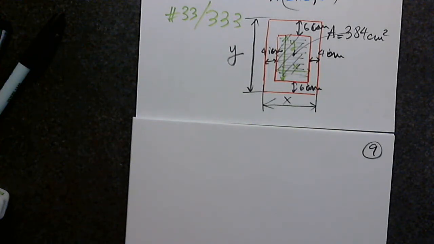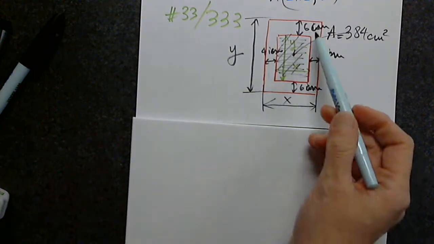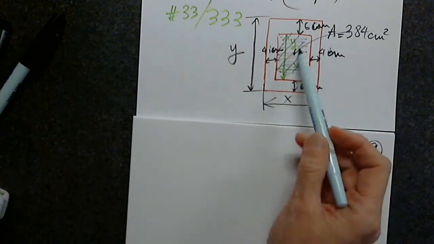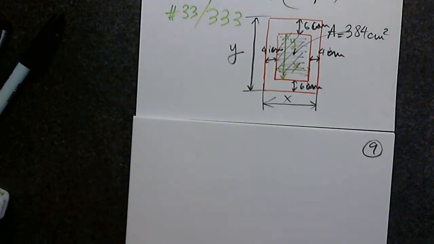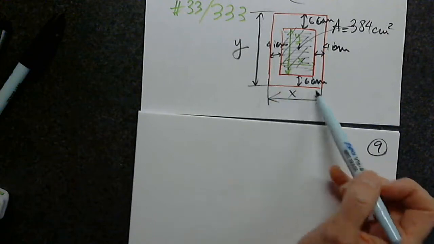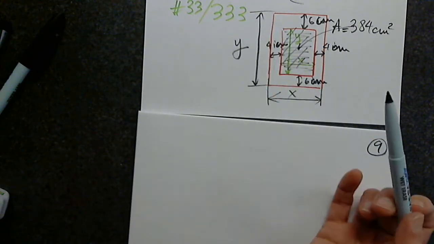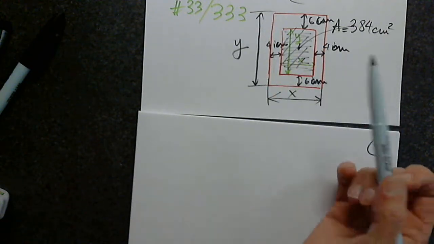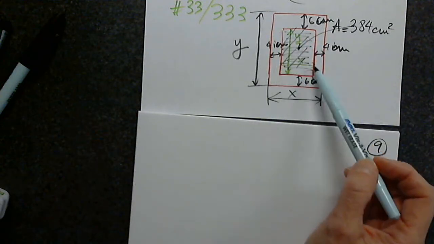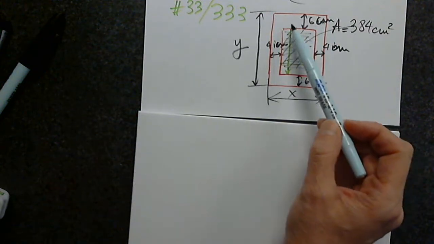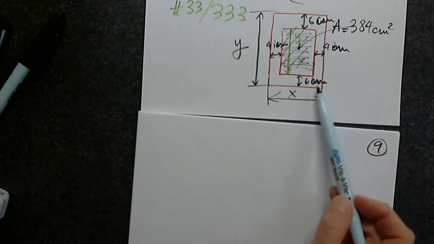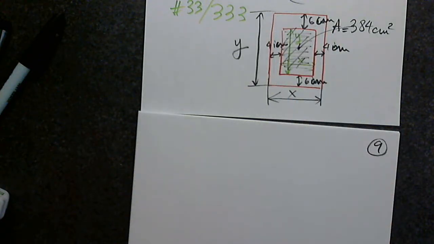Ah, okay, so it's like a framed picture. So this is the frame, and this is the picture. Yep. Okay, so we want to know what dimensions x and y, if we want to go that route, will minimize the total area.